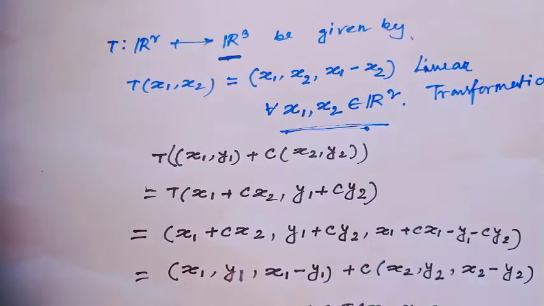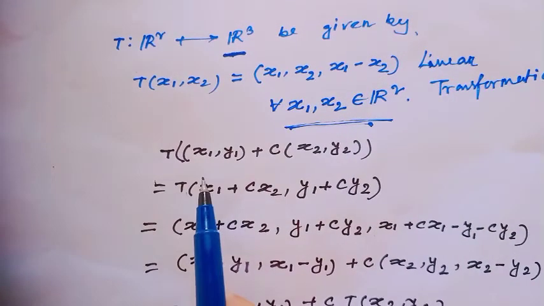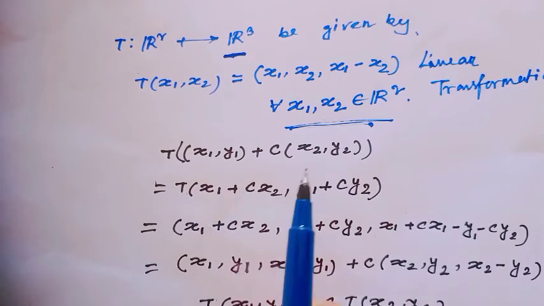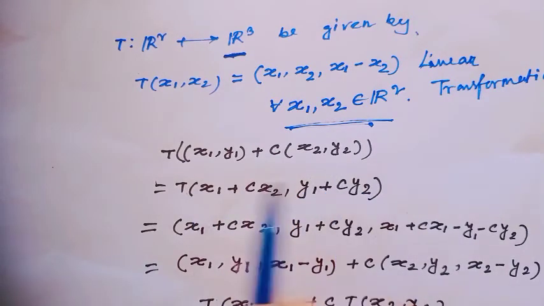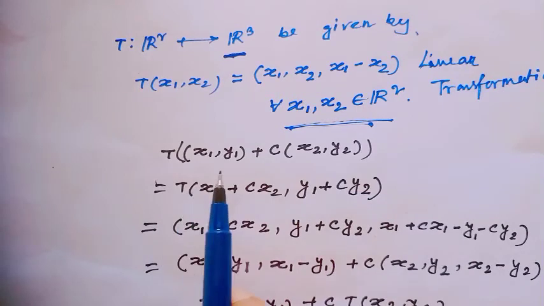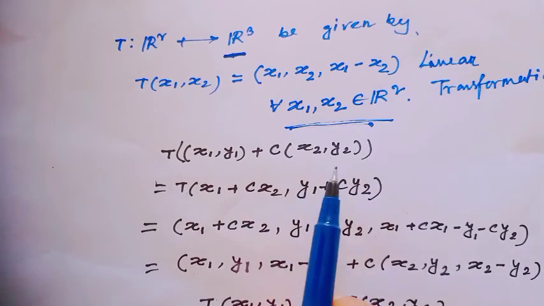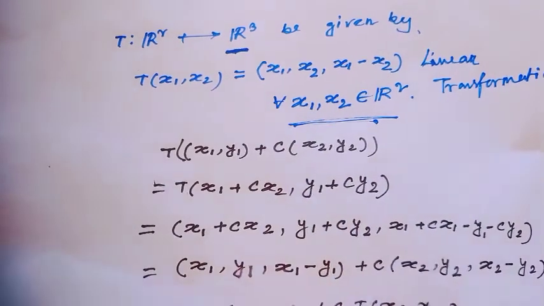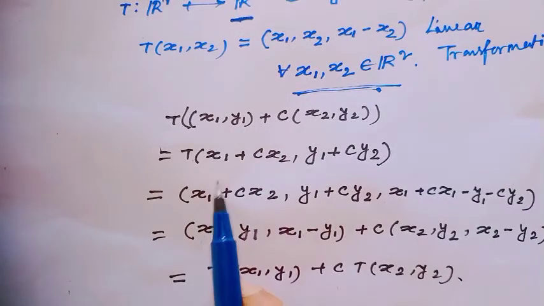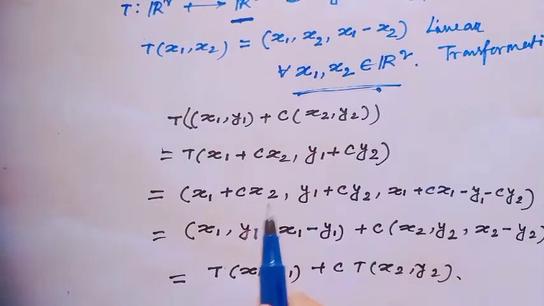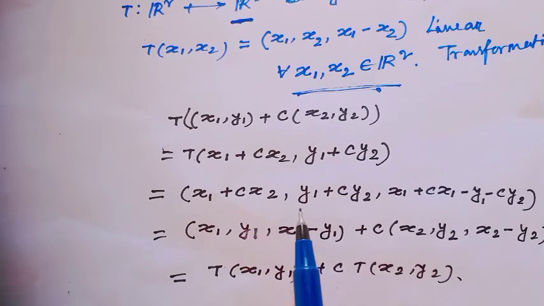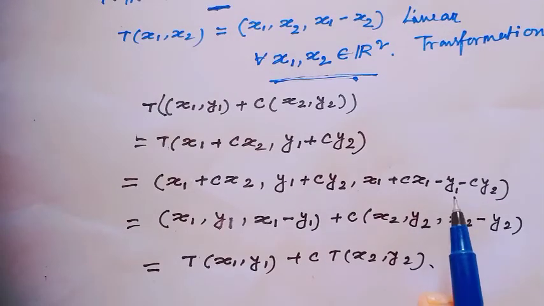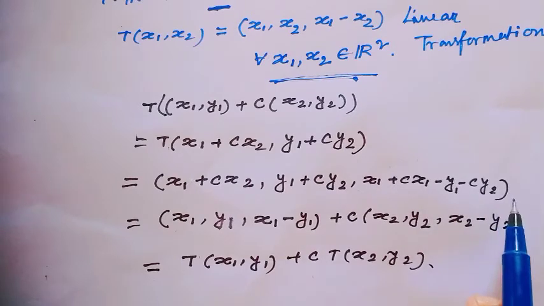To check linear transformation, consider 2 elements from R2. The elements look like x1, y1 and x2, y2. Then T of (x1, y1) plus c times (x2, y2) equal to T of (x1 plus cx2, y1 plus cy2), which by the defined function is (x1 plus cx2, y1 plus cy2, x1 plus cx2 minus y1 minus cy2).